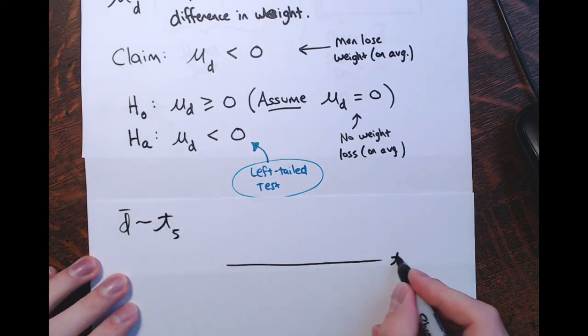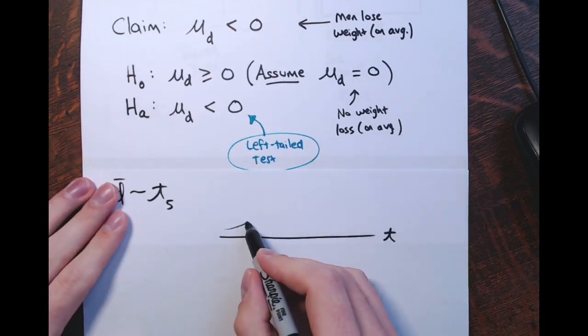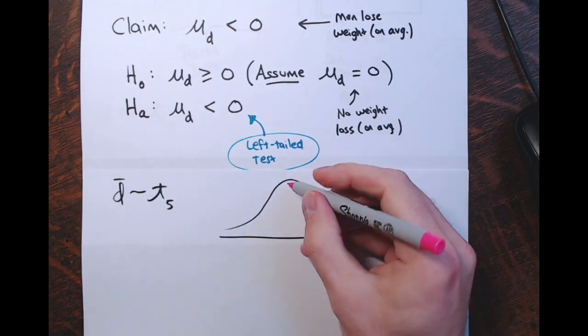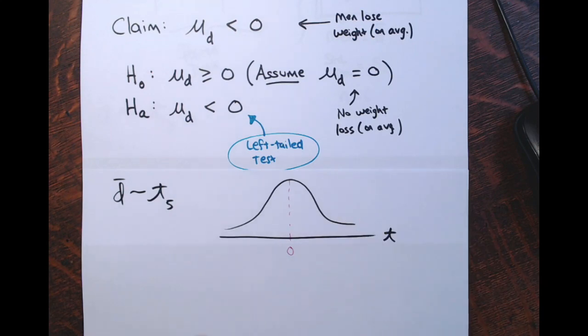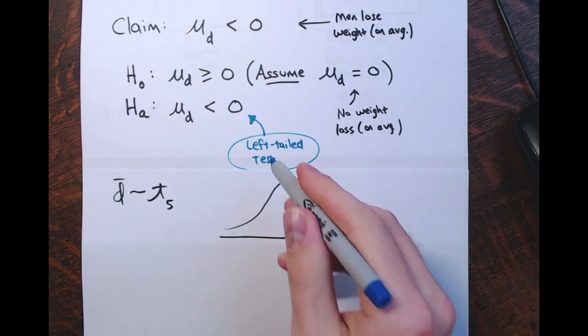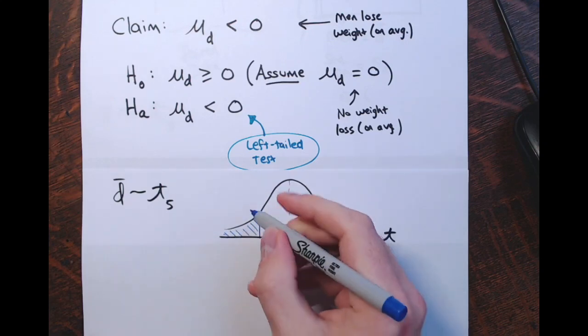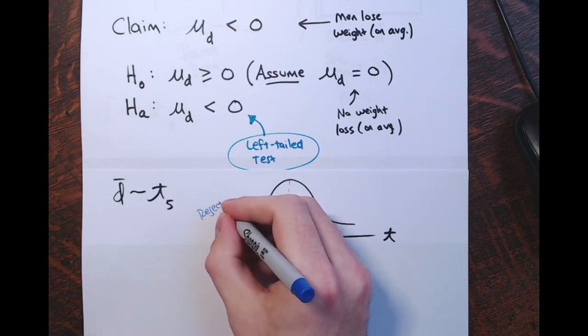Here's a number line representing t-scores, a symmetrical bell-shaped distribution above that. The t-score under the peak is a t-score of 0, and we're setting up this rejection region, and it's got to be in the left tail. So let's say this is the rejection region, and it should have an area of alpha.